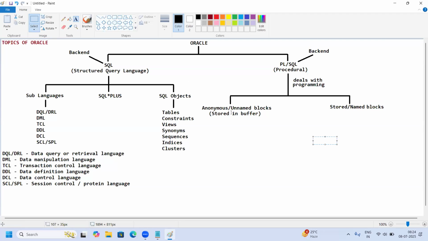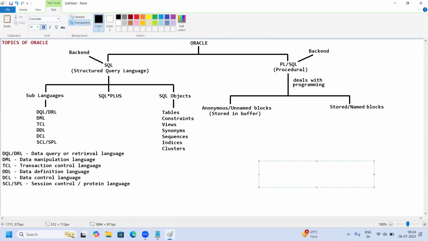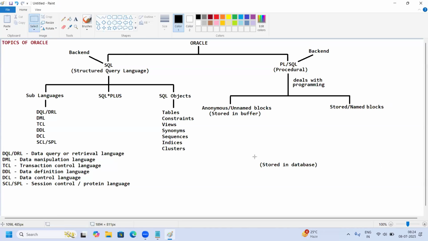These are stored in the database. Stored or named blocks are stored in the database. And one more thing, especially in this anonymous block programming, we are going to learn all these topics.